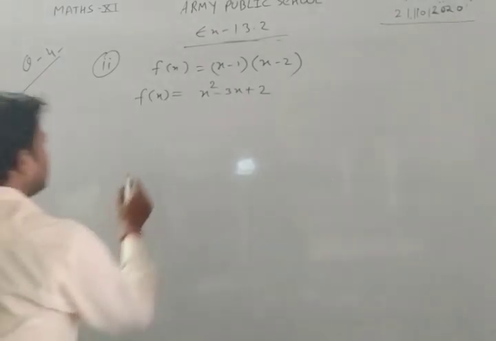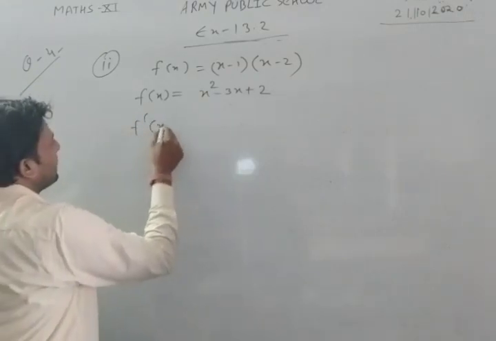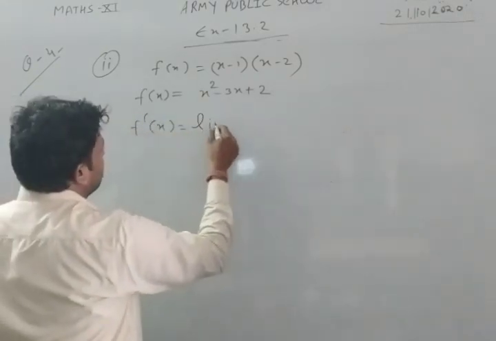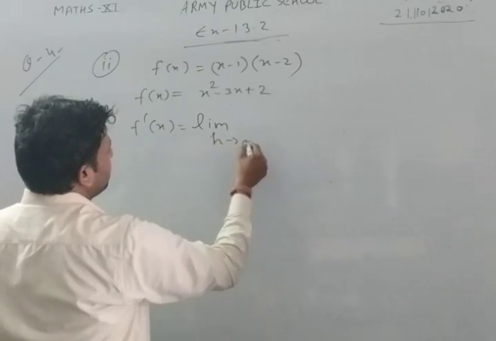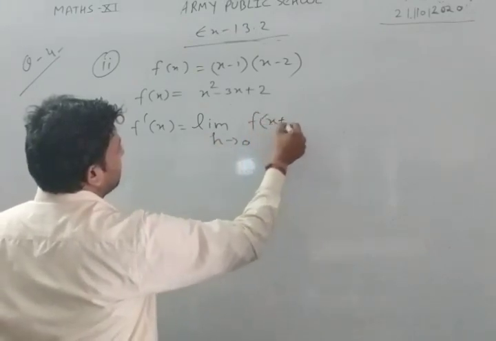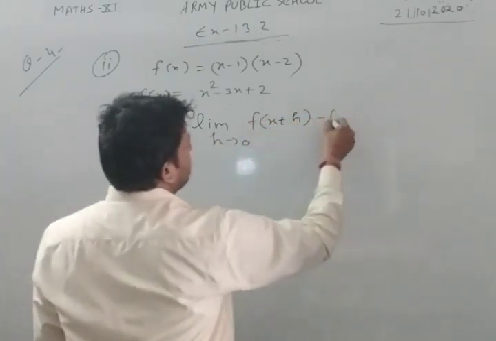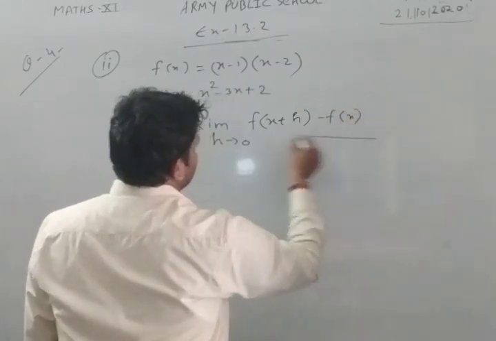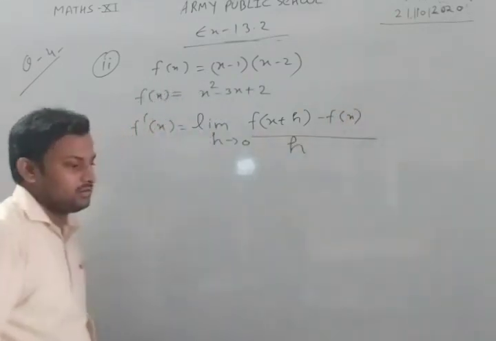Now we will write again the formula f dash x, which is what? Limit h tends to 0 fx plus h minus fx by h.